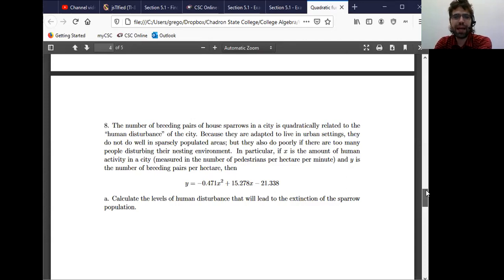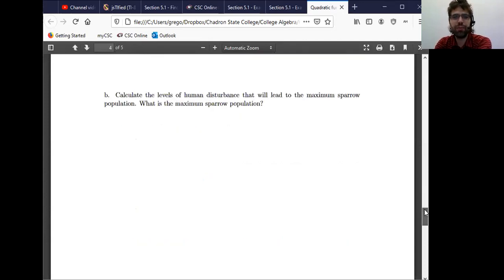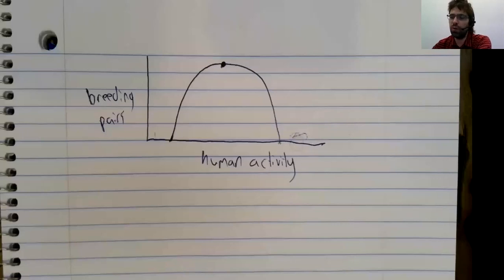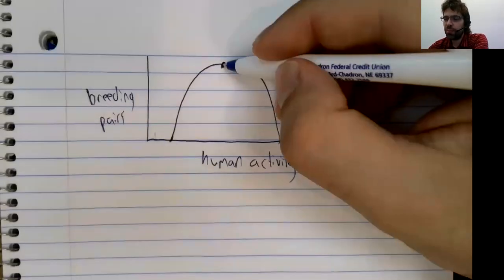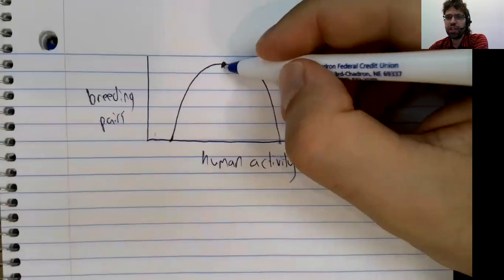And we'll pass over A, and we'll look at B. Calculate the level of human disturbance that will lead to the maximum sparrow population. What is the maximum sparrow population?